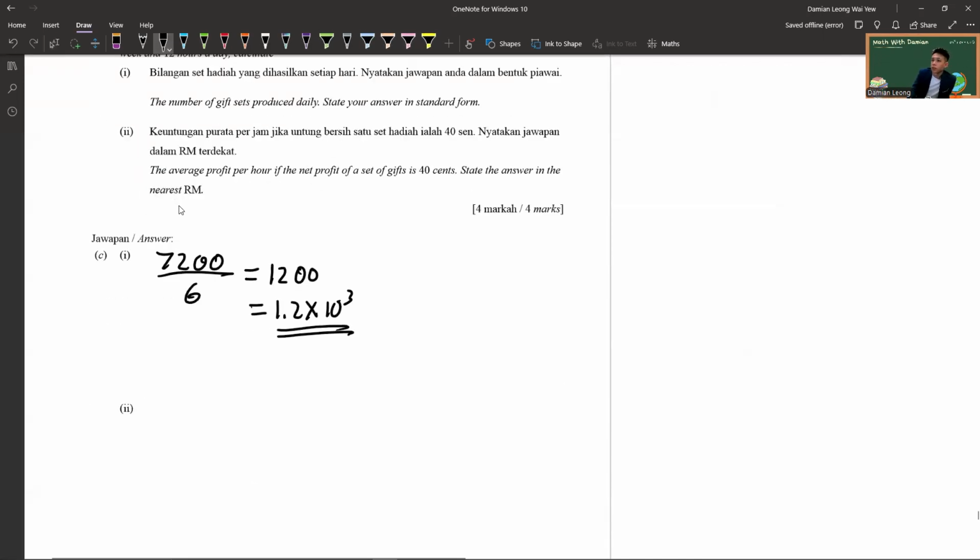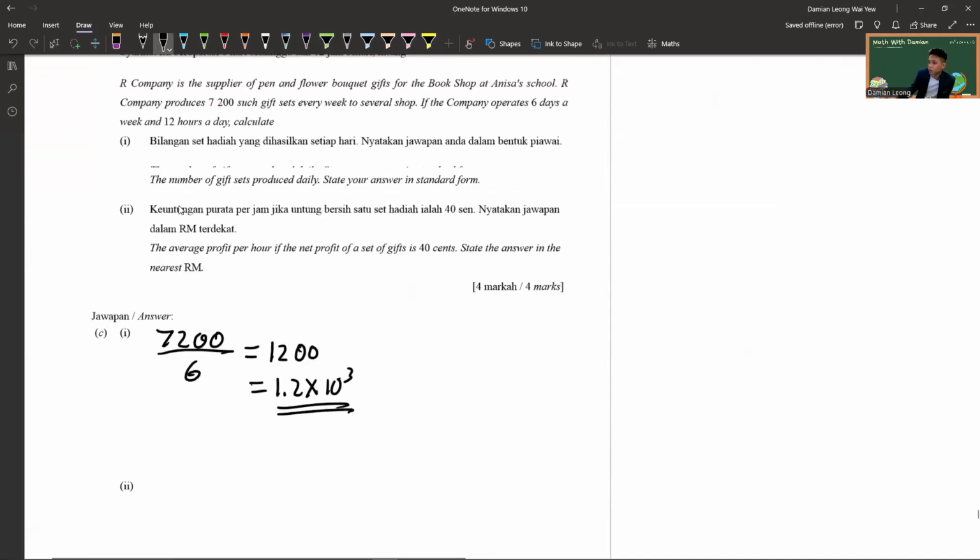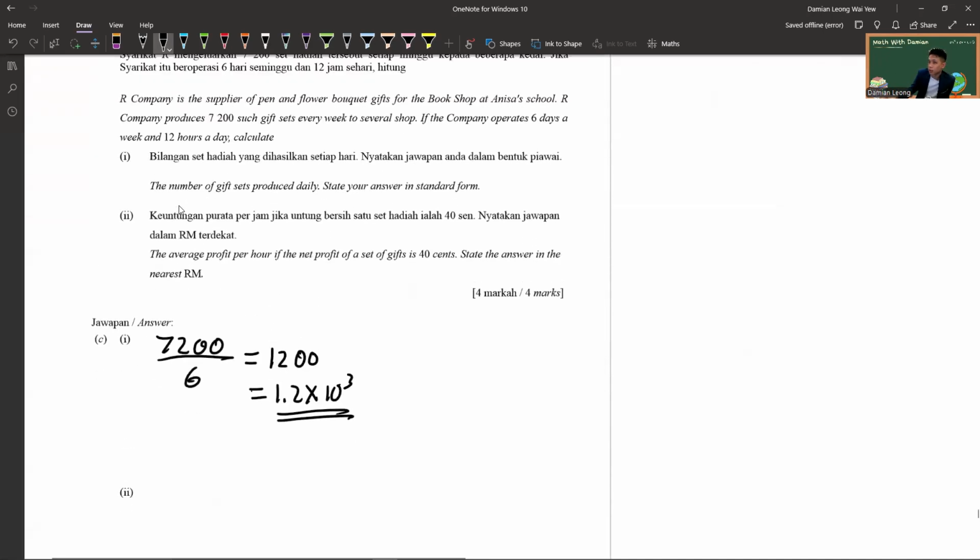Average profit per hour if the net profit of a set of gifts is 40 cents. Let's see.